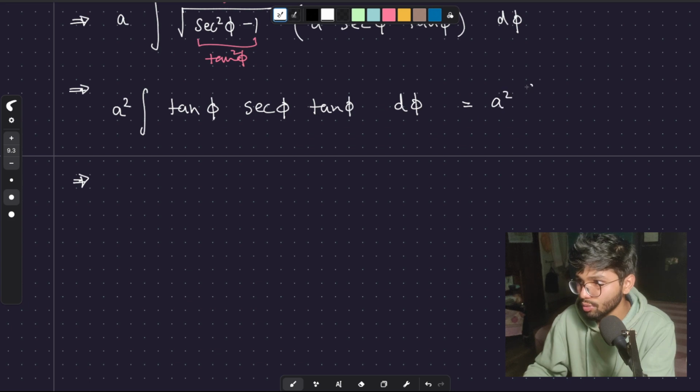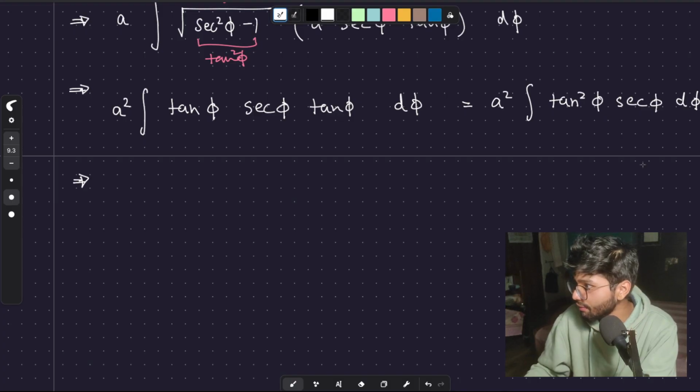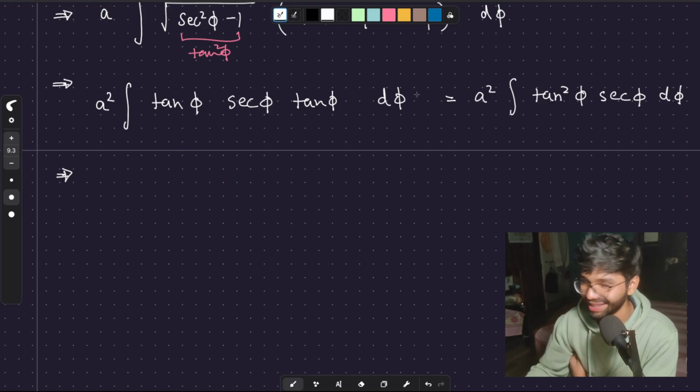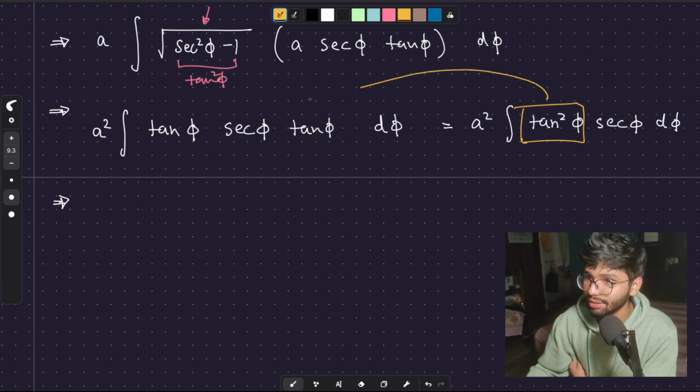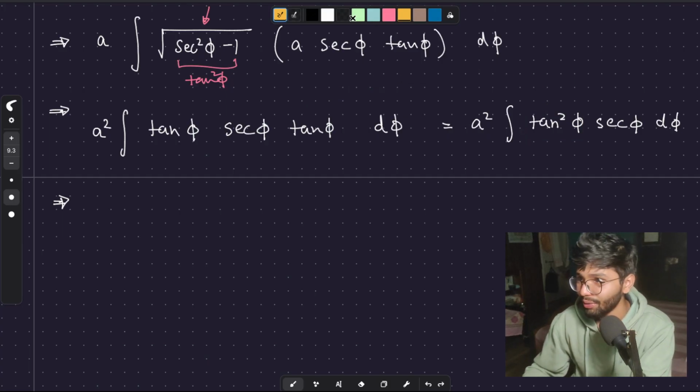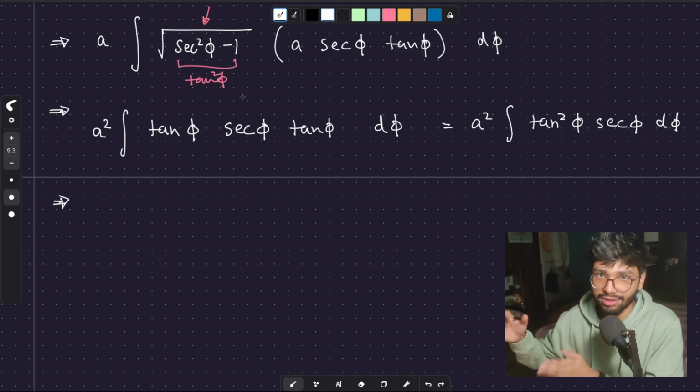It's going to be a squared tangent squared phi secant phi d phi. And it looks weird, like it's hard to solve, but it really isn't, because you can back substitute for tangent with the same identity. So we'll find it in terms of our secant.